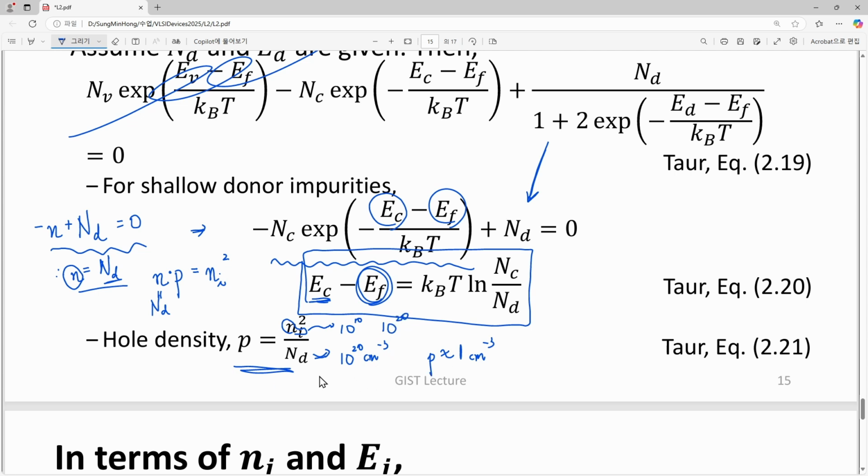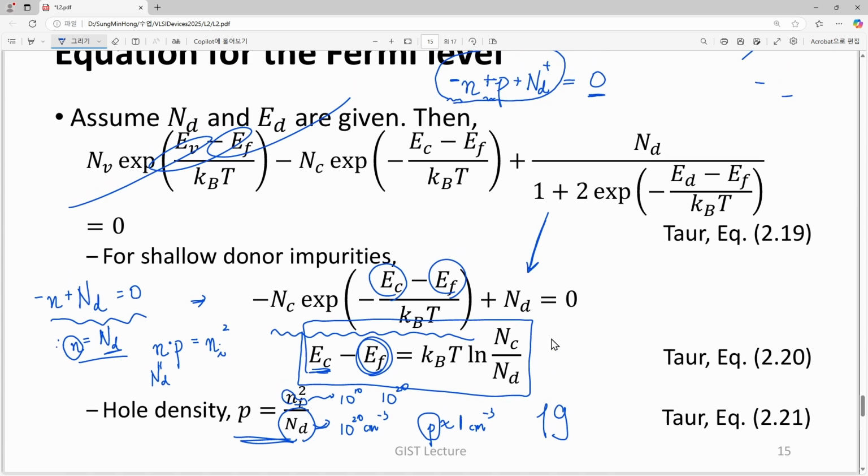When we compare donor density and hole density, there is a 19 orders of magnitude difference between electron density and hole density. So our original assumption that hole density is negligible is quite well justified.